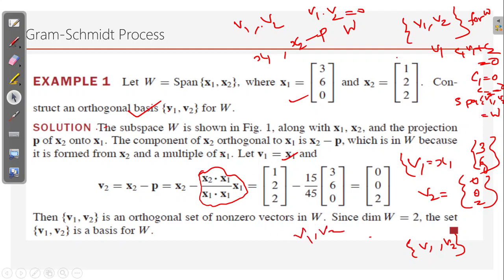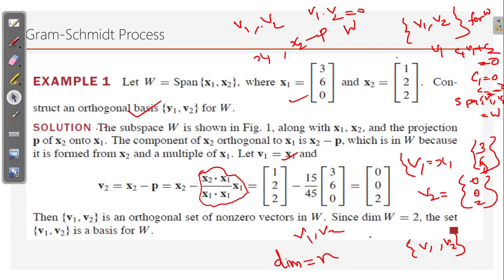Now this procedure of finding two vectors that form the orthogonal basis for W can be extended to any dimension, that means for dimension equal to n.